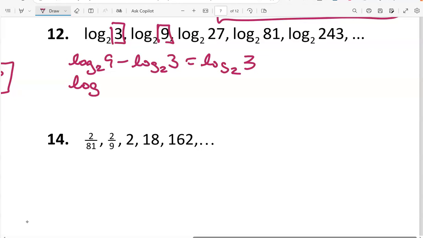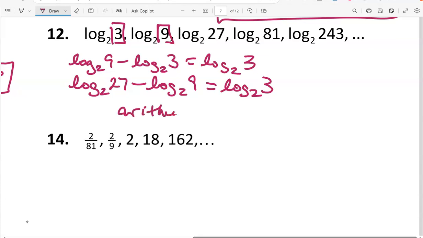If I take the third term and subtract the second term, then that's log base 2 of 27 divided by 9, which is log base 2 of 3. So we actually do have a common difference of log base 2 of 3, and so this forms an arithmetic progression with a common difference of log base 2 of 3.